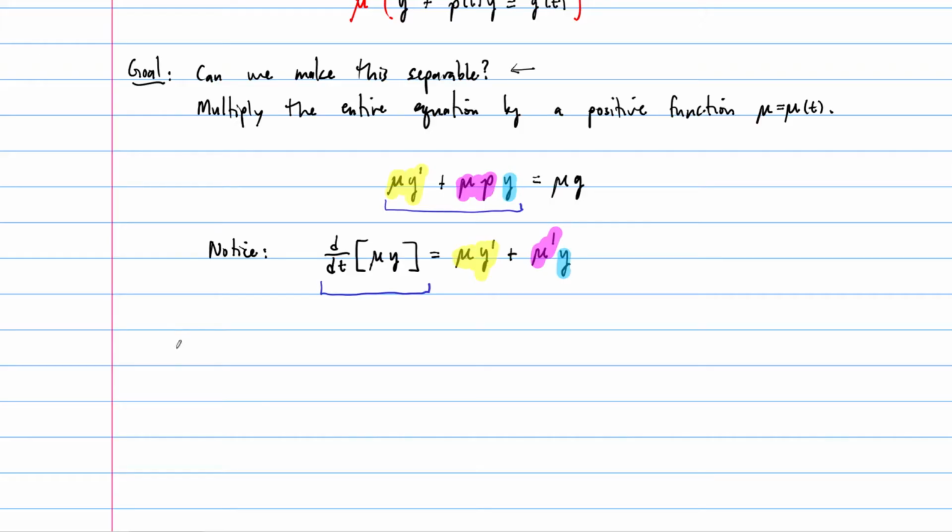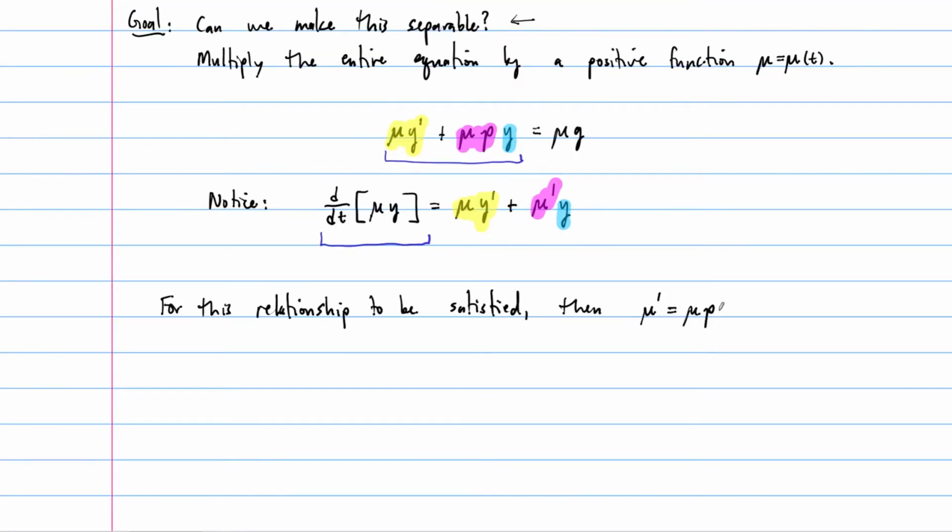So let me write it this way. For this relationship to be satisfied, then mu prime, this derivative, has to equal mu times p.